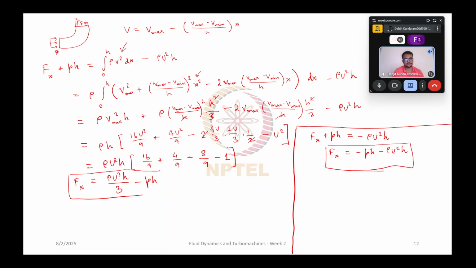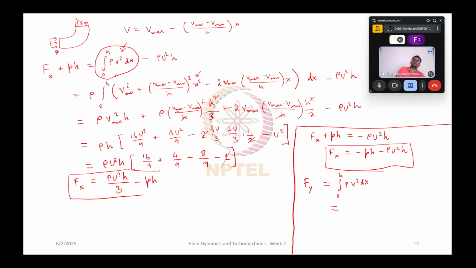That's the force in the x direction that's required from the outside. And for Fy, it would be just this integral over here, because there's no y momentum coming in through the inlet. Right. So this should give us not this part, but the remaining one.